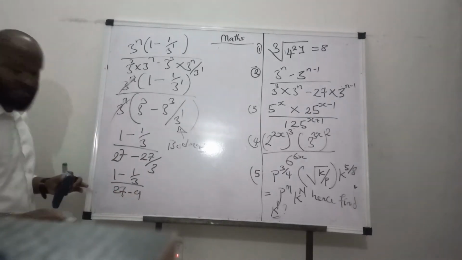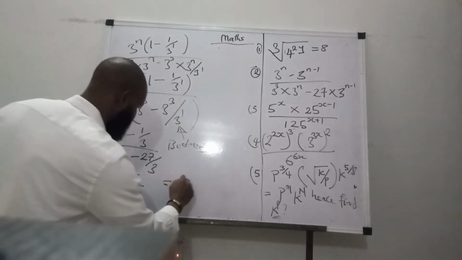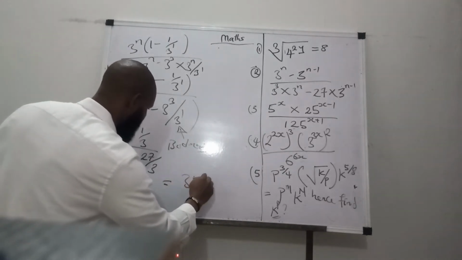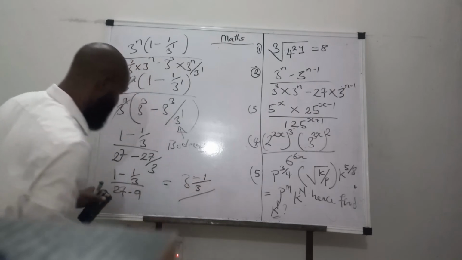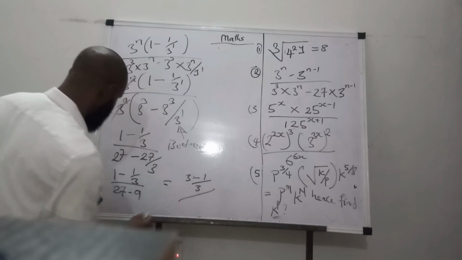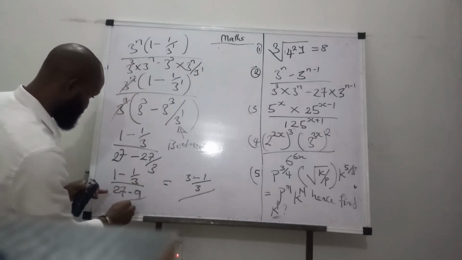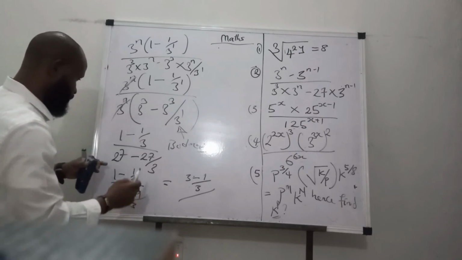Am I correct? Yes. Therefore, we have 3 minus 1 over 3, divided by this, which is over 3.